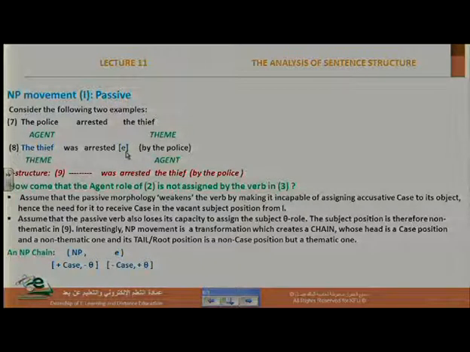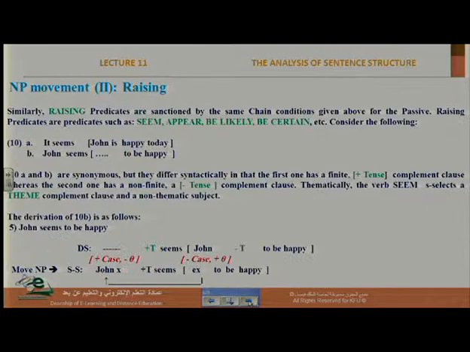I have summarized that statement in this formulation here. An NP chain consists of one NP, which is the head of the chain. This head position is plus case, but minus theta, minus thematic role. However, the trace of it, the object position that it is associated with, is a minus case position, and it is a plus theta position. Let us see how that could be.